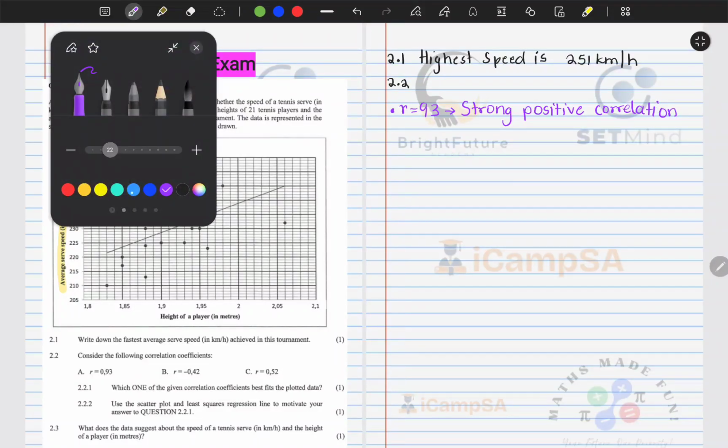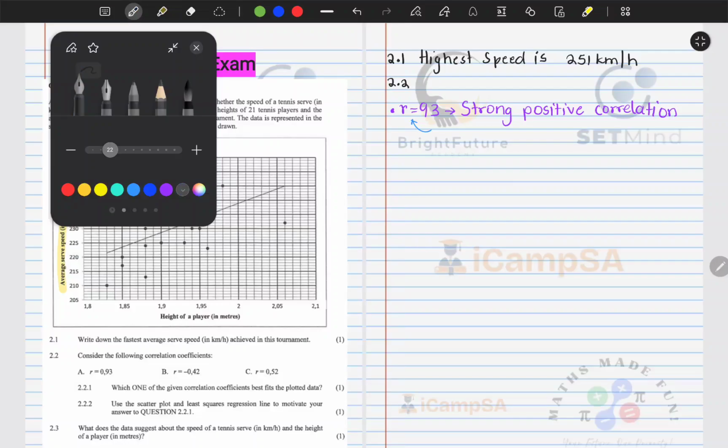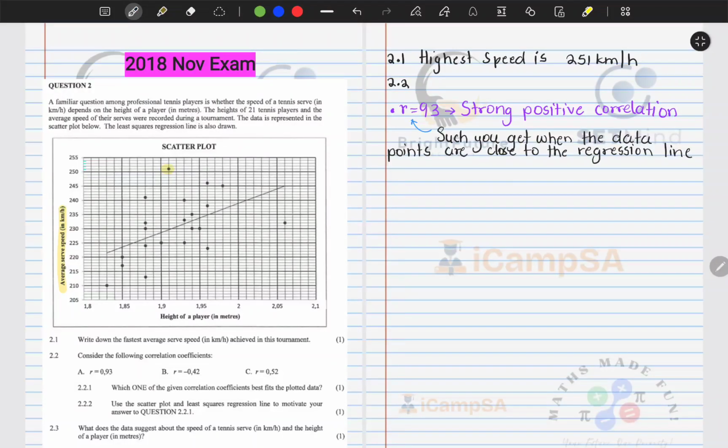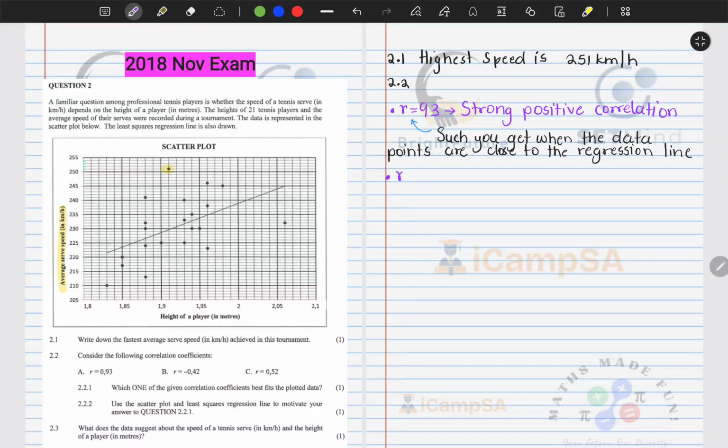You would get such a strong positive correlation when your data is very close to your regression line. Then you'll see that you also have an R value of 0.52, and this one is very far from your 0.9.